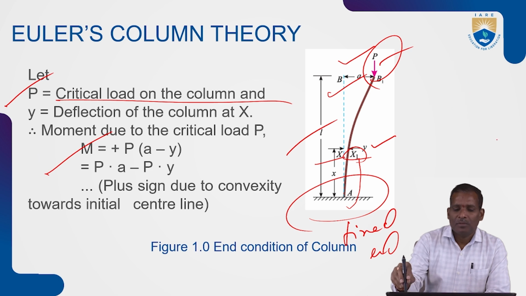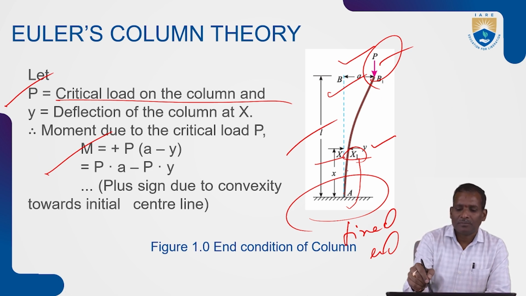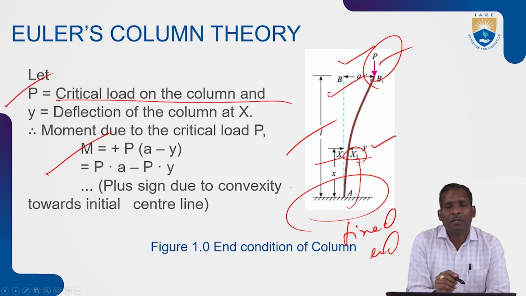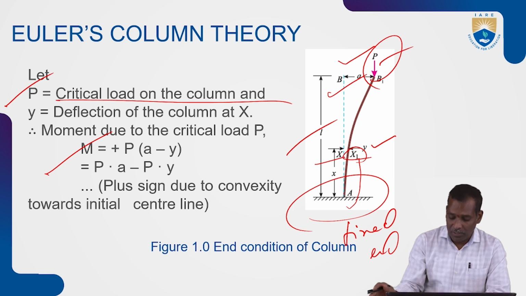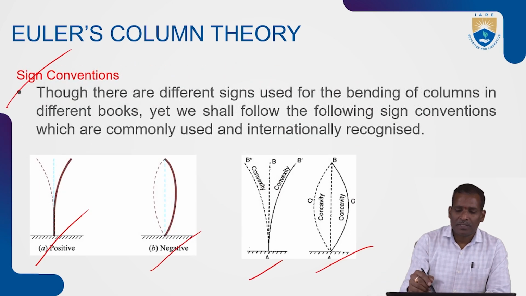So the moment due to the critical load P is P multiplied by (a minus y). Why is the plus sign used here? Due to the convexity towards the initial center line. I already showed you that diagram: convexity, the positive sign.